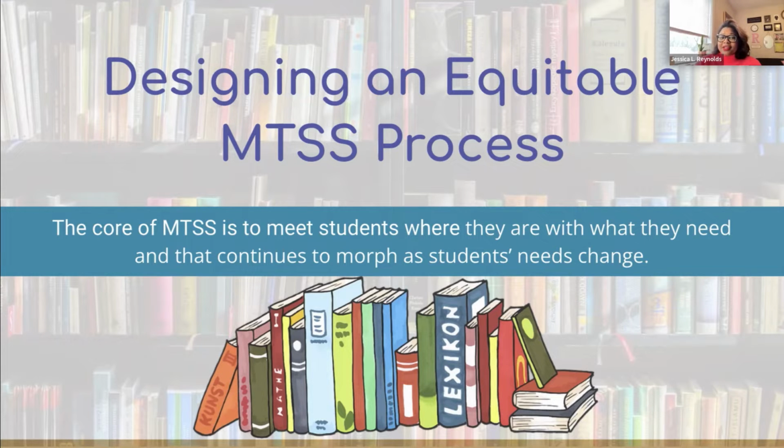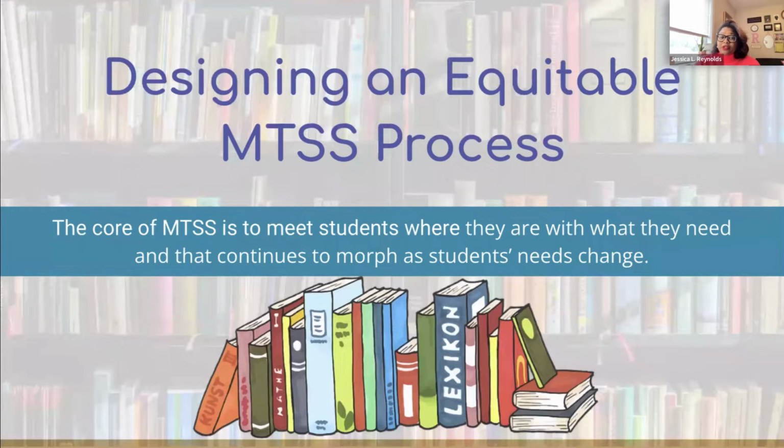I am so excited to be here with you today, and I'm equally excited to dive into designing an equitable MTSS process, and of course, looking at how Classworks can support these efforts. As I discuss MTSS and its equitable characteristics, it's important to note that the work of MTSS is never done.